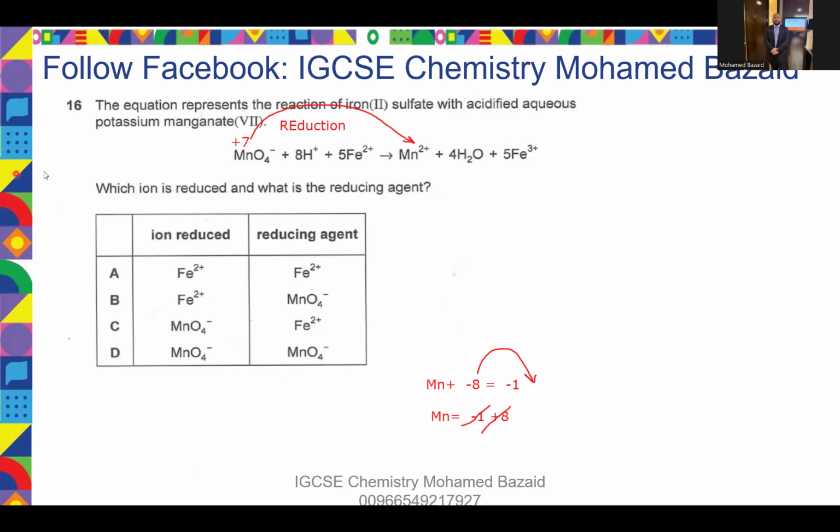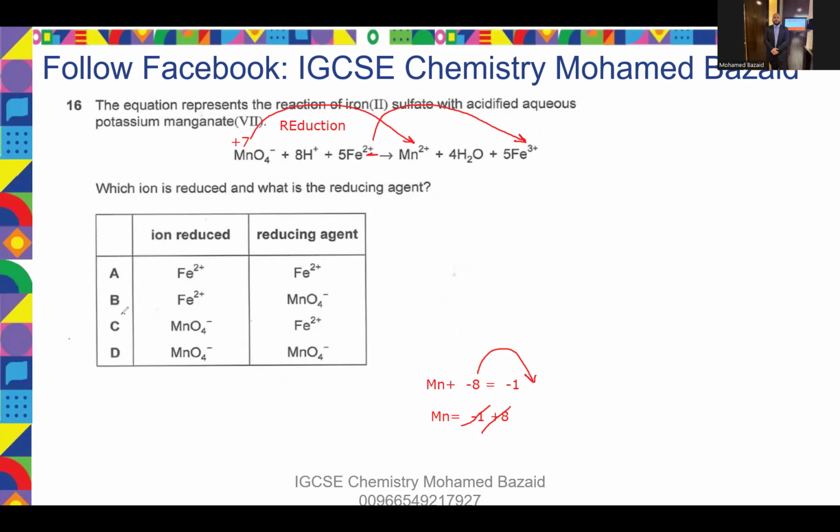If you check here for iron, it is Fe2+ turning into Fe3+. So this is oxidation. Why? Because the oxidation number of iron increases from +2 to +3. Iron has been oxidized. Because iron is oxidized, it is the reducing agent.